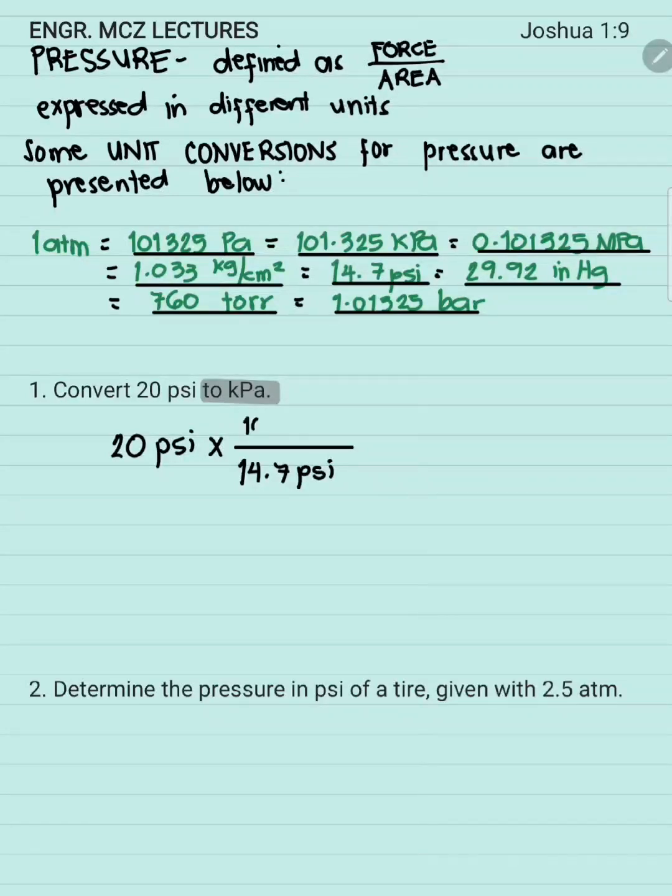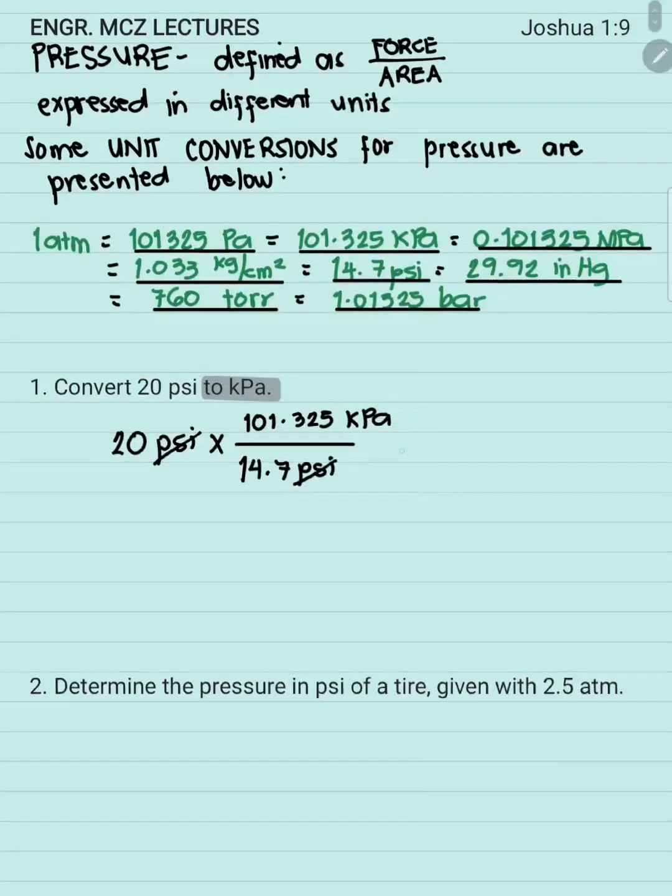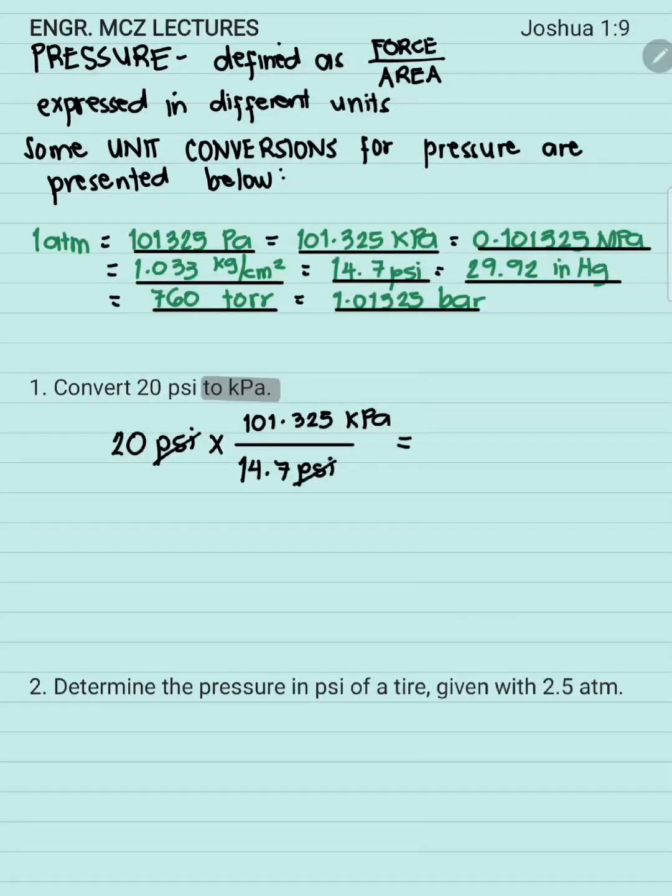We cancel psi and are left with kilopascal. In the calculator, this is 20 multiplied by 101.325 kilopascal divided by 14.7, and we get 137.86 kilopascal. That is our answer for problem number 1.